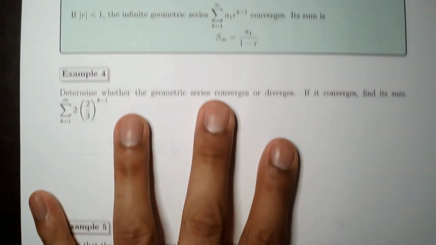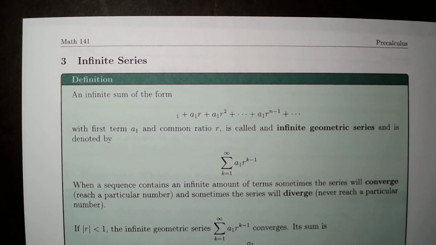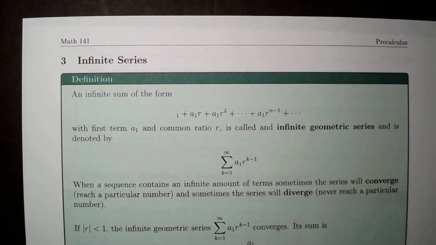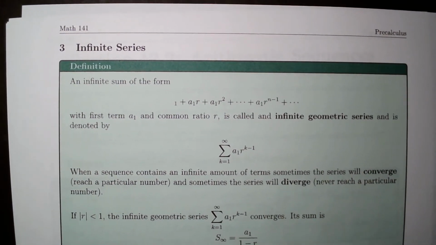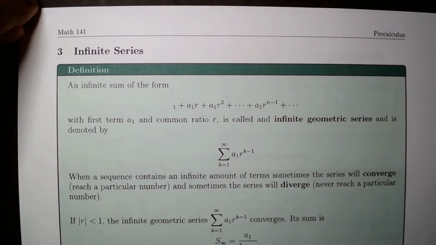All right, so as opposed to arithmetic sequences, for geometric sequences we discussed the infinite series. Well, what about those infinite series? If you recall, there were finite sequences and infinite sequences.